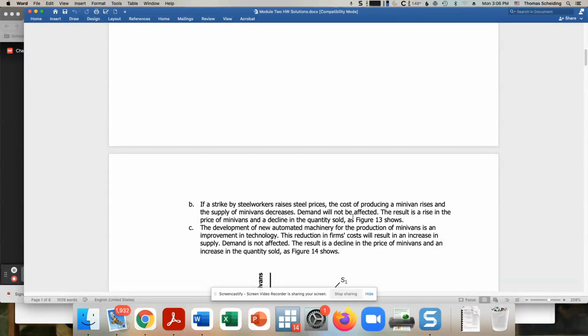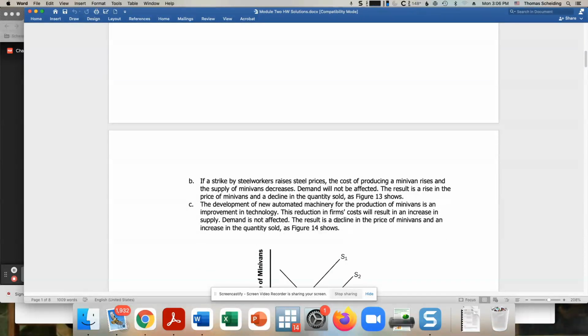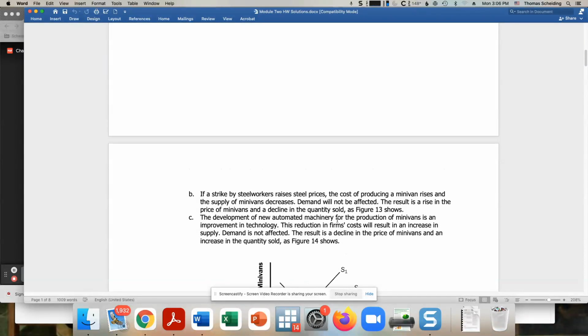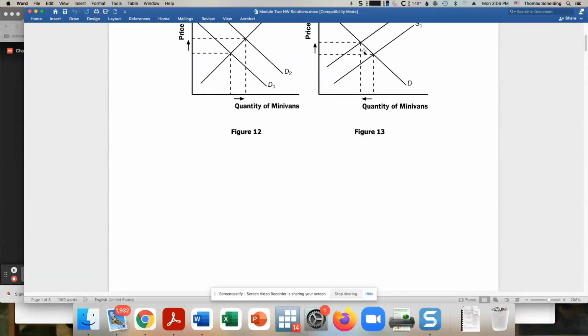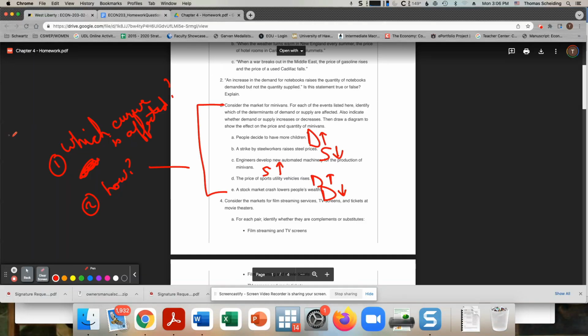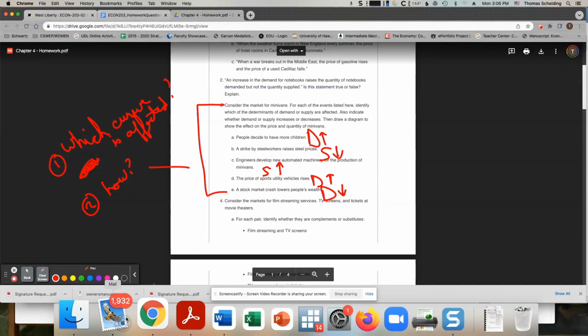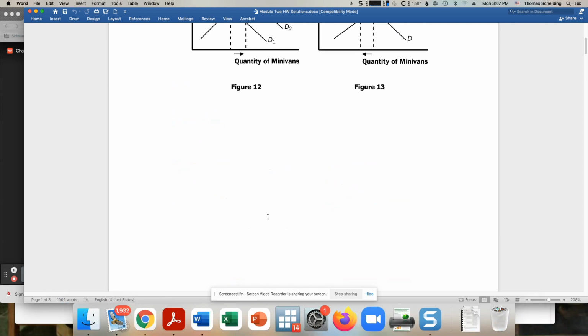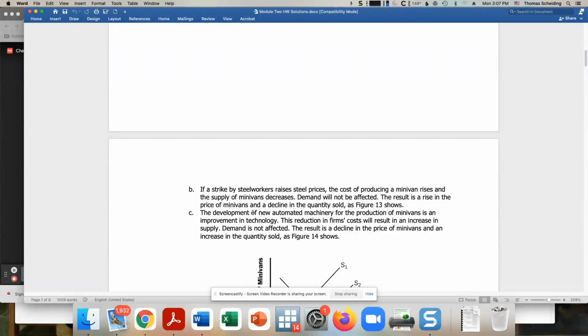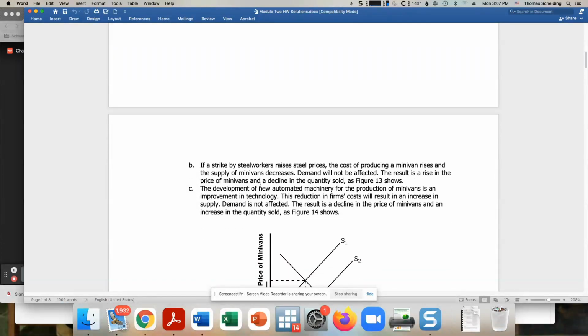Strike by steelworkers decreases the supply curve of minivans. So that would be like this right here. So that's our supply decrease. New machinery increases the supply curve.